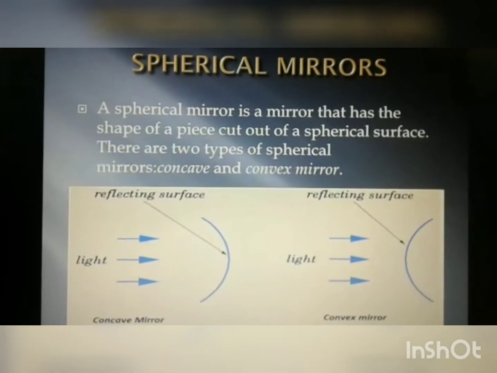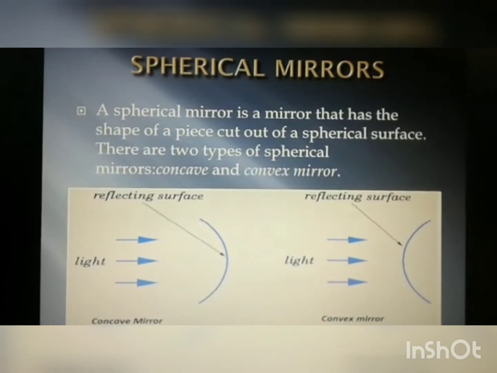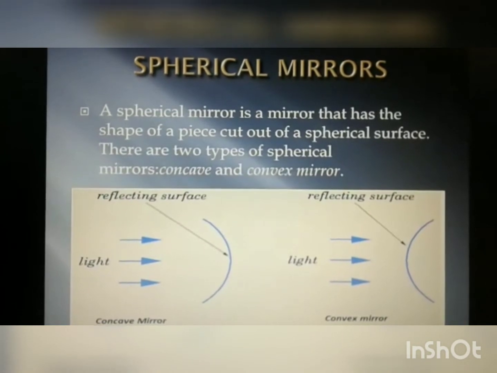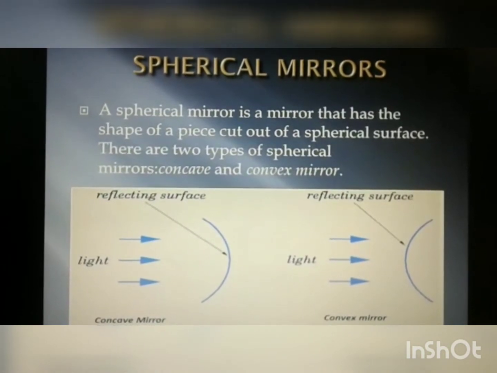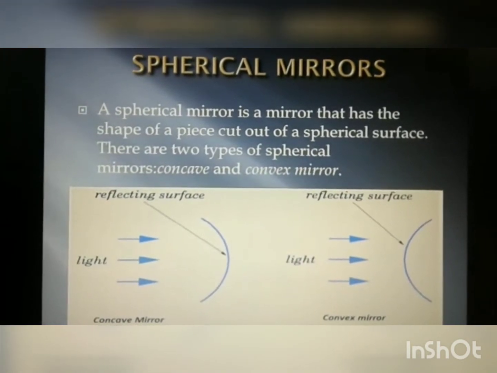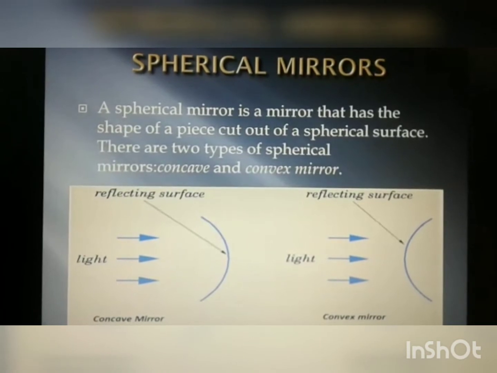See students, the surface of this spoon that is curved inwards can be approximated to a concave mirror, and the surface of the spoon that bulges outwards can be approximated to a convex mirror.